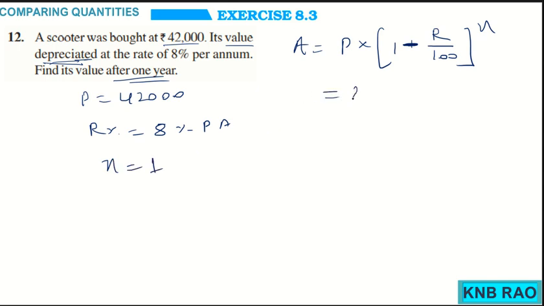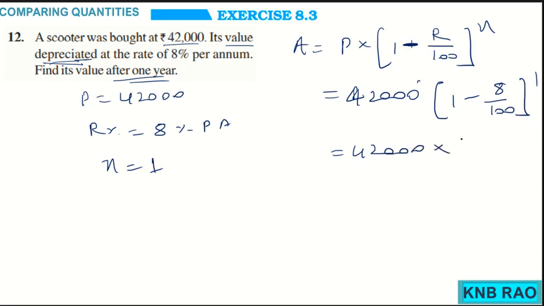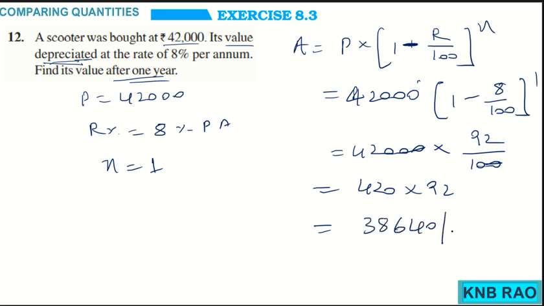By substituting, 42,000 into 1 minus 8 upon 100 whole power 1. So, 42,000 into 1 minus 8 by 100 is 92 by 100. These two zeros cancel, 420 into 92, you will get the value as 38,640 as the depreciated value.